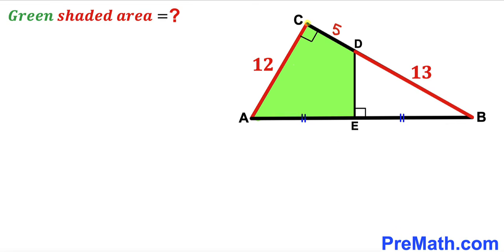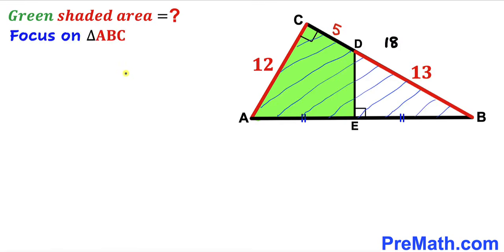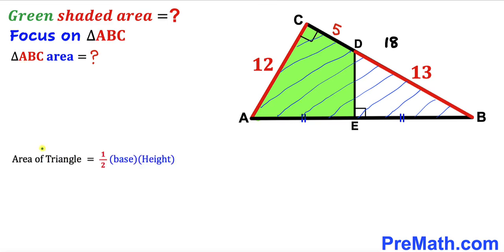Now let's make an observation. We can see that this whole side BC length is going to be 5 plus 13, that is going to give us 18 units. And here's our next step. Let's focus on this big right triangle ABC and calculate its area. Let's recall the area of a triangle formula: area equals a half times base times height.